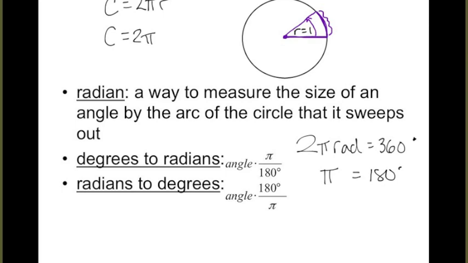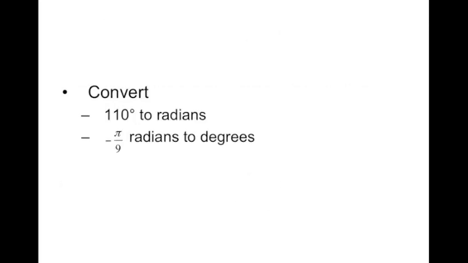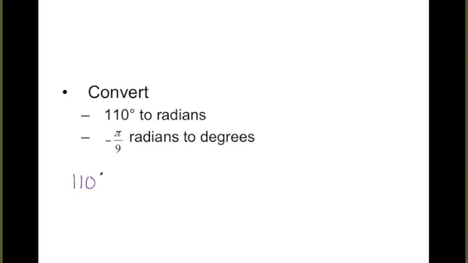To do a conversion, we are going to multiply by a fraction of 180 and pi. We are always going to use 180 and pi as our fraction. To figure out which one goes on top and which on the bottom, we want to put on the bottom the unit we're beginning with.